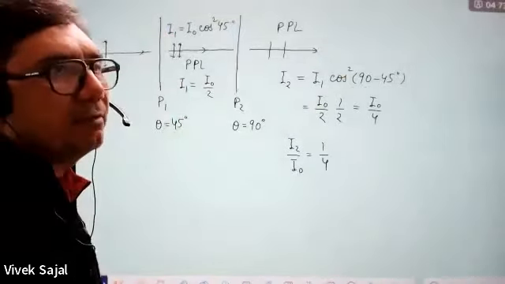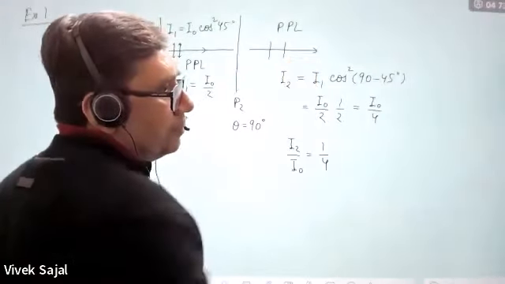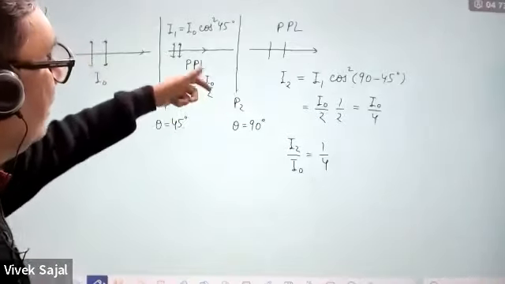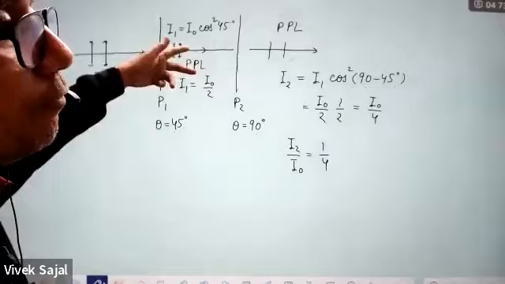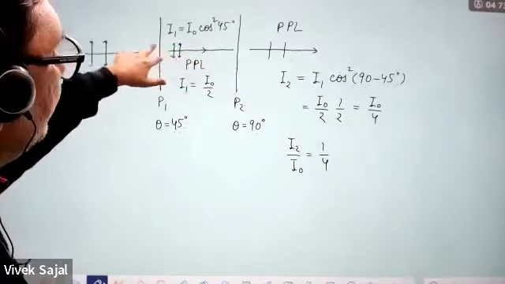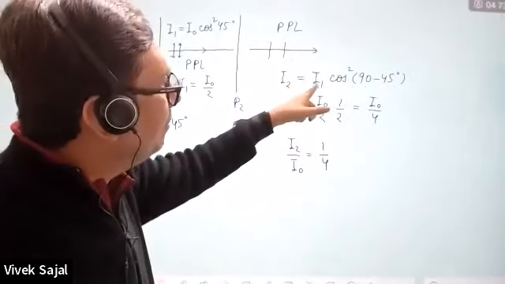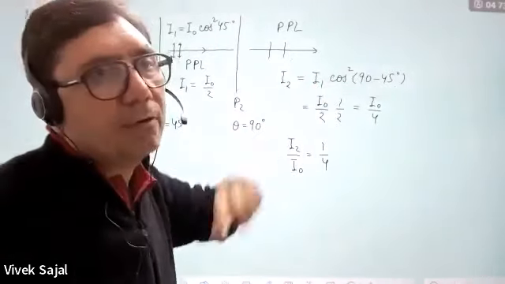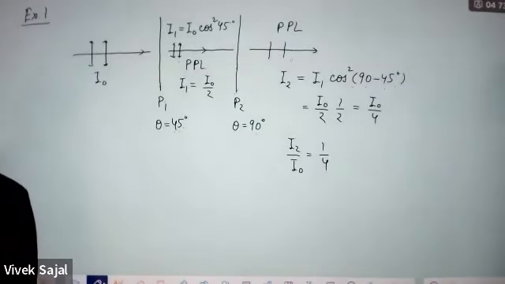What you are going to have here in that case will be I naught by 2. But in this case, the angle between the two path axes is 45 degrees, so on this side it will be I1 cos square 45. It is correct, beta.